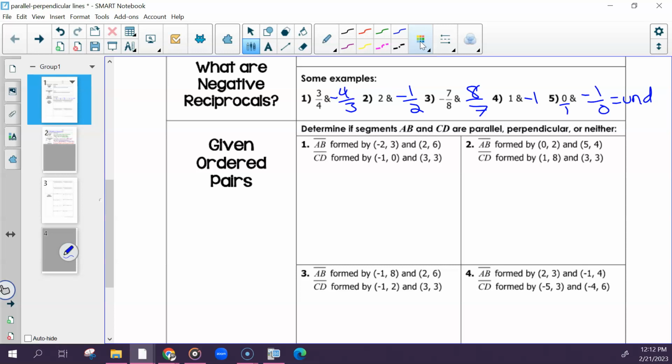So let's find the slope of both of these. If you need more space, you can write it off to the side. So I'm going to write my slope formula first. M equals y2 minus y1 over x2 minus x1. Then we're going to find the slope of both AB and CD. If you want to label them, you can do that.